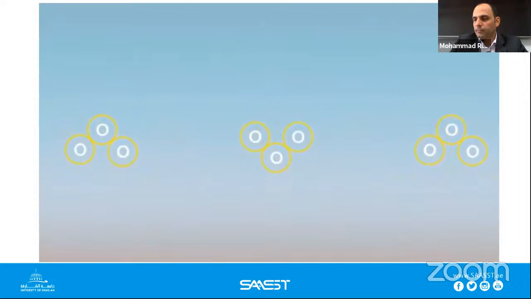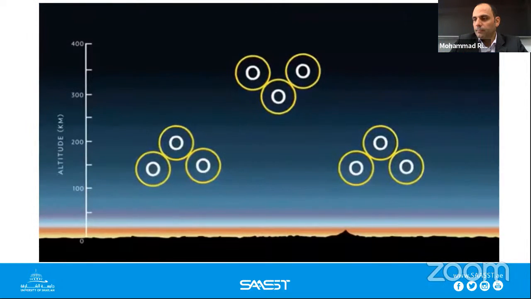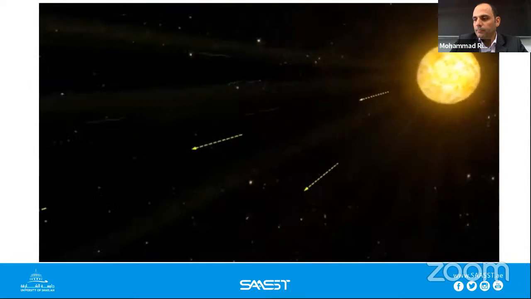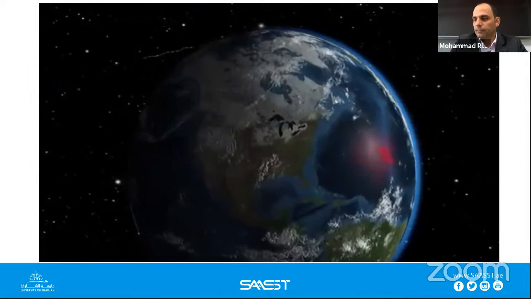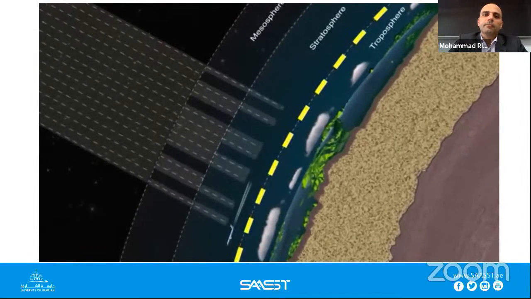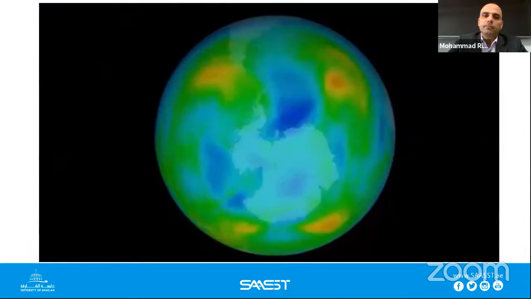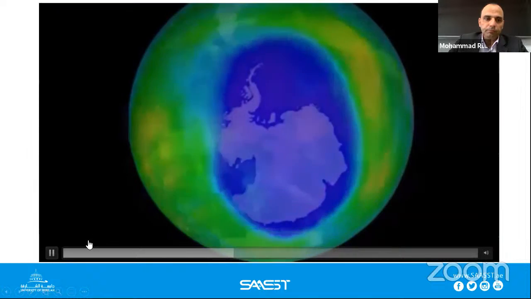There are only about 3 molecules for every 10 million molecules of air. But it does a very important job. The ozone layer acts as Earth's sunscreen, absorbing about 98% of damaging ultraviolet or UV light. But the ozone layer has gotten thinner.